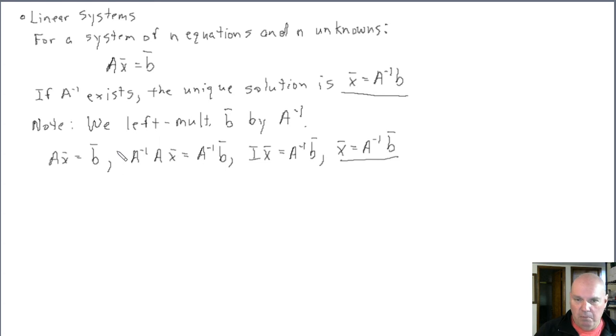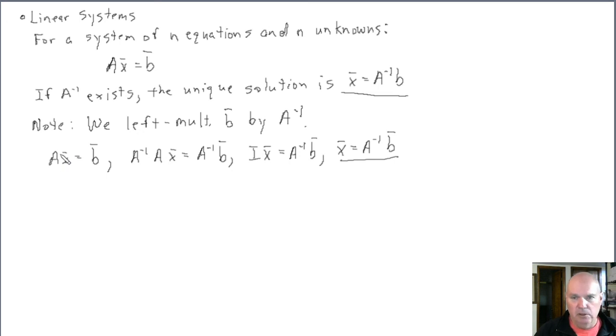But if I right multiply, B and A inverse aren't even compatible for multiplication. The same would be true here. A times X is an n by 1 result, so I can't right multiply by an n by n matrix. That's not even compatible for multiplication.